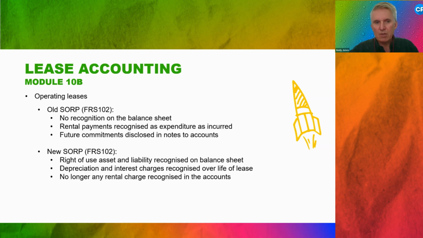The right of use asset will be depreciated over the life of the asset. And equally, the liability will reduce over the life of the asset as you make the lease payments, but there will also be an interest charge that flows through the accounts, which is the unwinding of the discount within the lease liability that you've calculated.